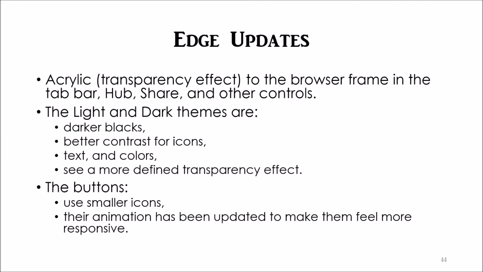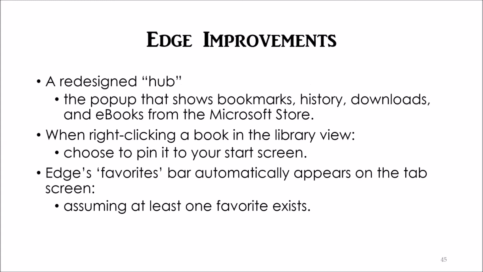Yes, they've come out with some better contrast and darker blacks and better colors, and the buttons that they're going to change in the Edge are smaller. Their animation's been updated. They redesigned the hub. I'll show you that hub in a second.